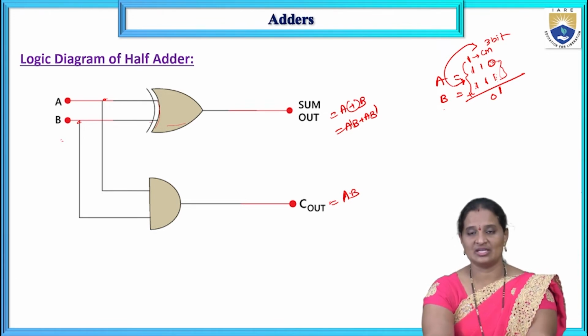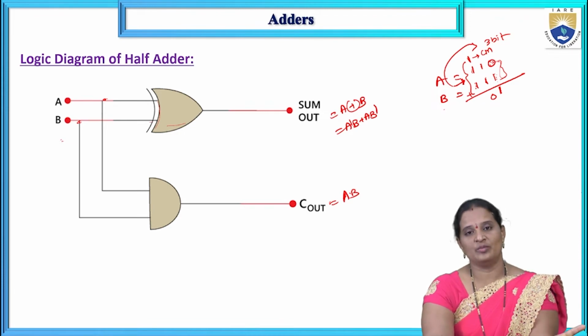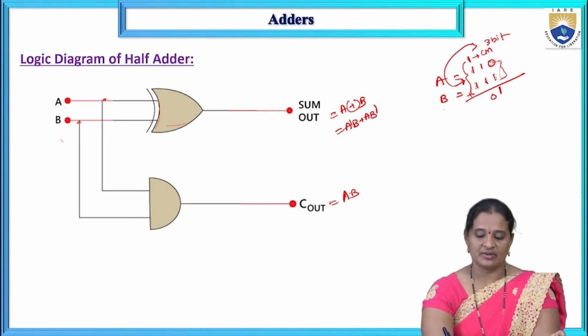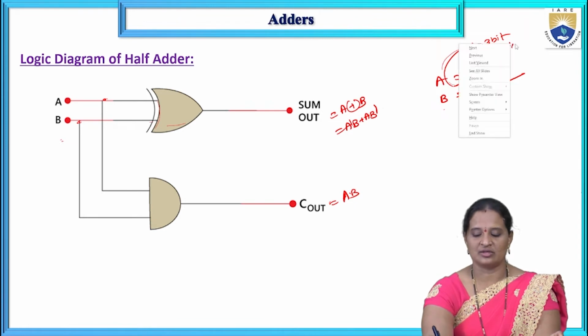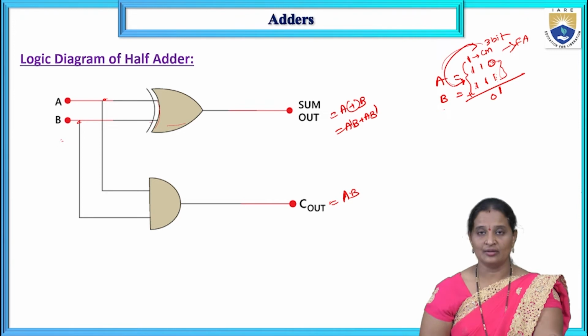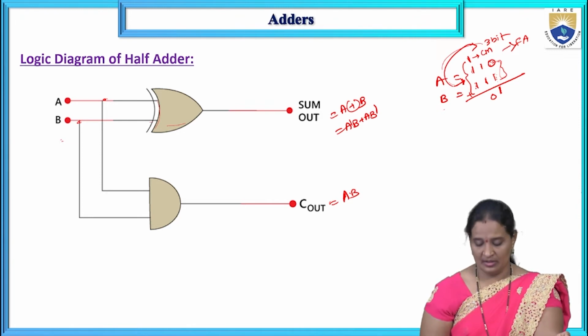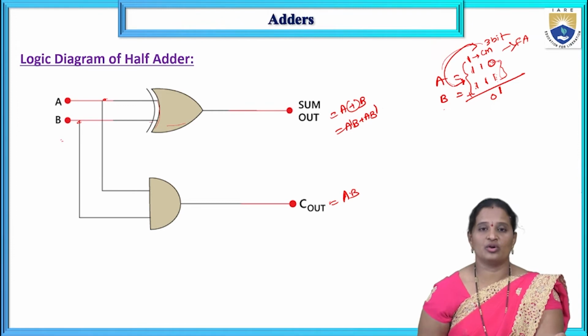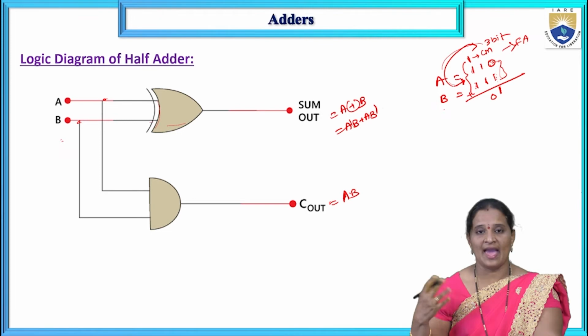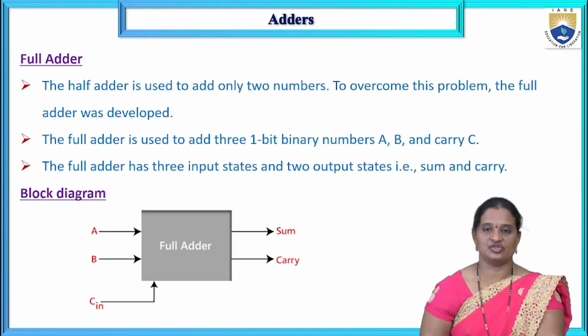In such cases I cannot use the half adder, because a half adder can add only 2 bits at a time. So for that purpose I am going for another adder circuit, which is the full adder, which can add 3 bits of data: the bits A and B, and the carry input from the previous section.